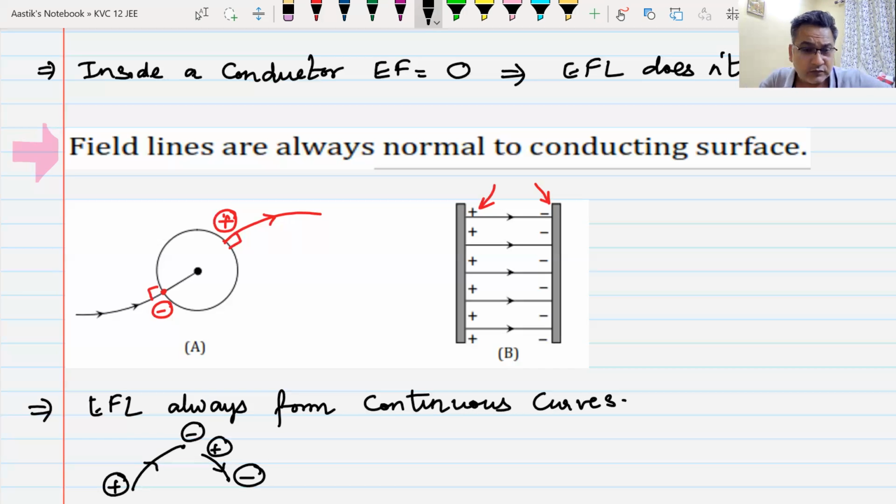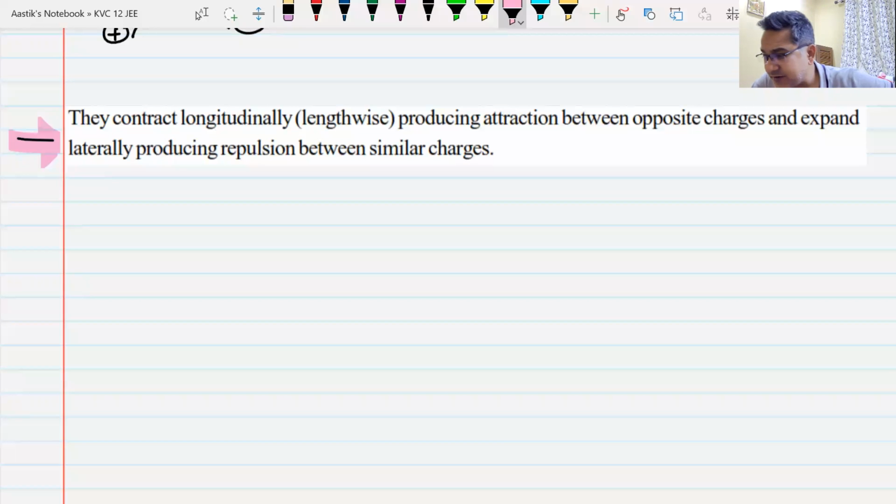Yes, sir. Then someone asked why these electric field lines start to curve: because longitudinally, lengthwise, they contract, whereas they expand laterally, which causes repulsion between two like charges.